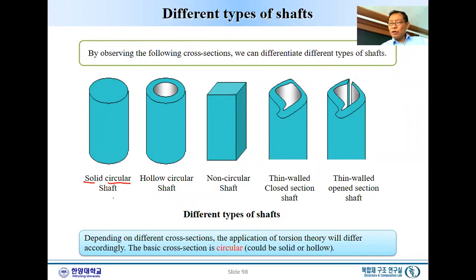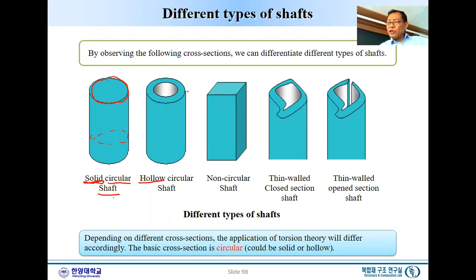Solid circular shaft. Circular means the cross section is a really circular shape and uniform. Any cross section will be circular. And there is solid versus hollow.